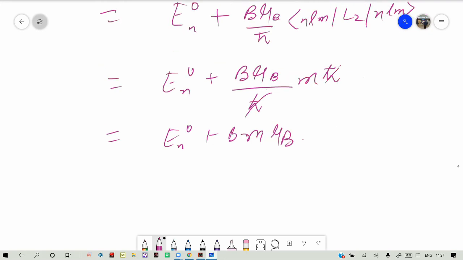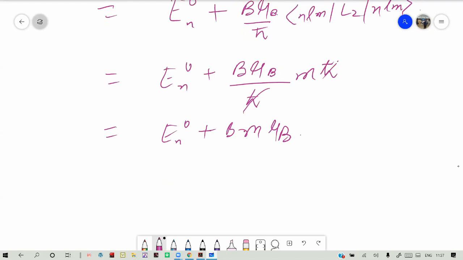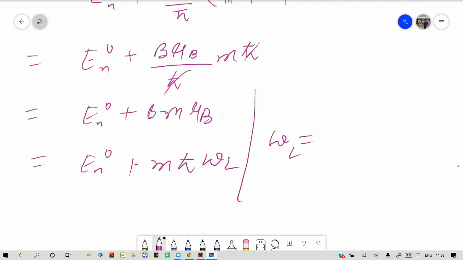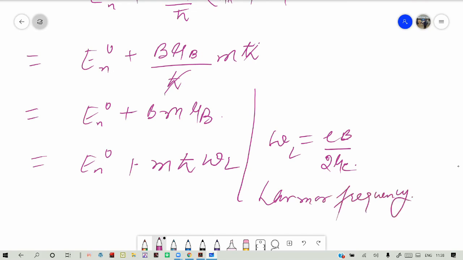I can write it as E n 0 plus M H cut omega L, where omega L is the Larmor frequency, it is eB by 2 mu C. This is called the Larmor frequency, omega L. Now, if you see it, we are done.